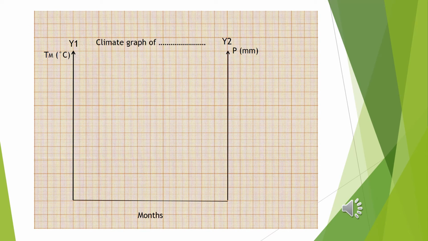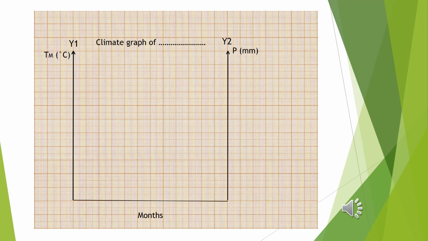Before drawing your bar graph and your line graph, you need first to prepare your axes and graduate them properly. So let's have a look at the x-axis first. The x-axis represents the months of the year. So you will have 12 centimeters for 12 months.